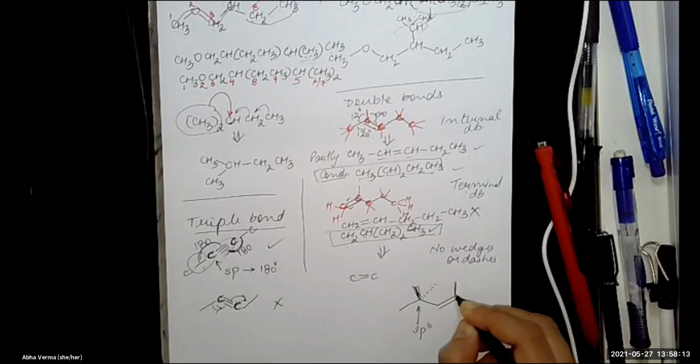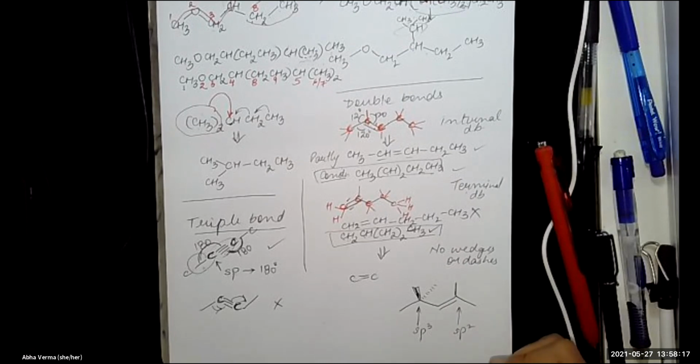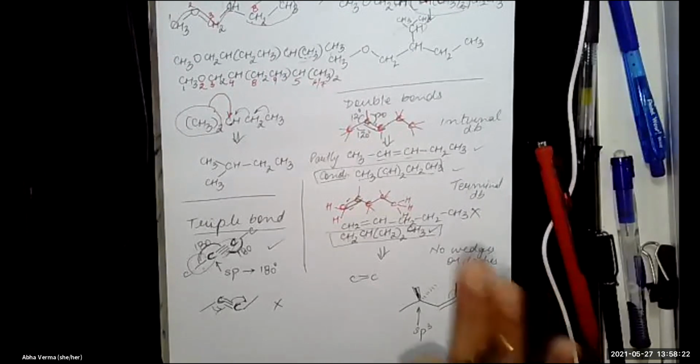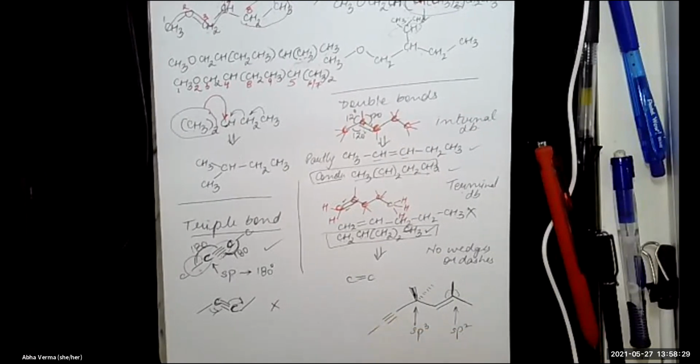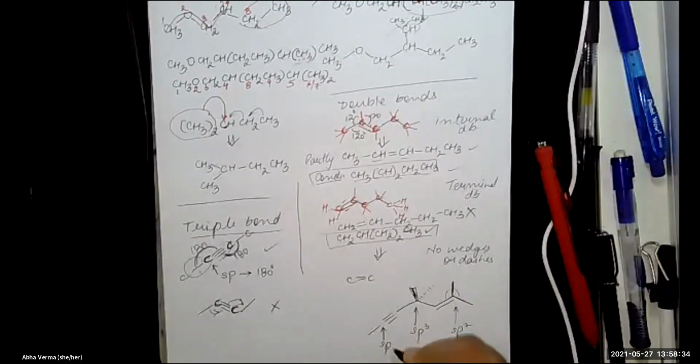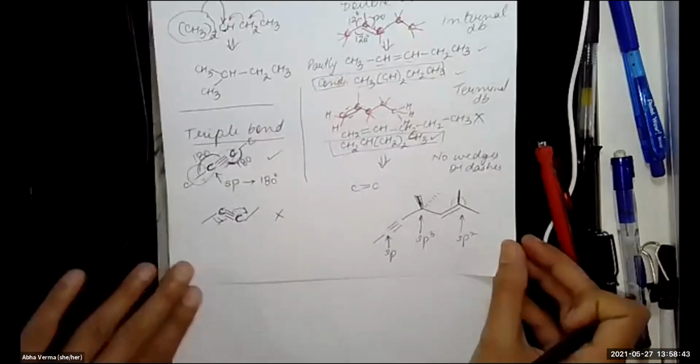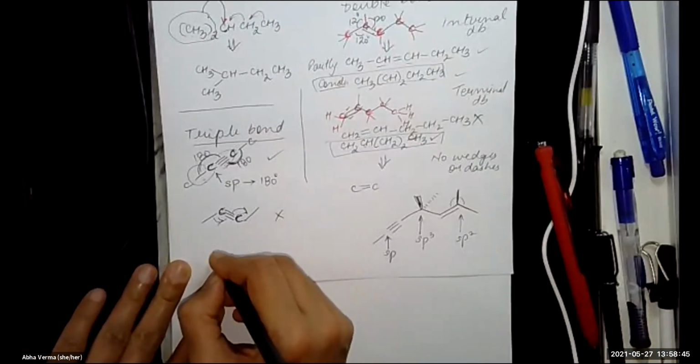This is a planar structure. This is an sp2 atom. Planar structure. All of these are in the same plane, same flat plane. But when you have a triple bond, you will always show it in a linear manner. Any questions so far? Okay, I'm assuming that all of you are understanding everything.